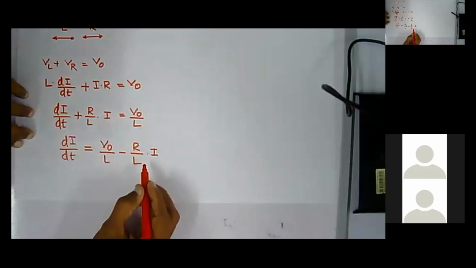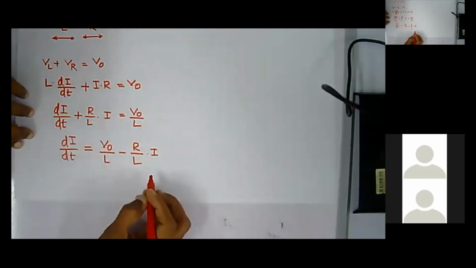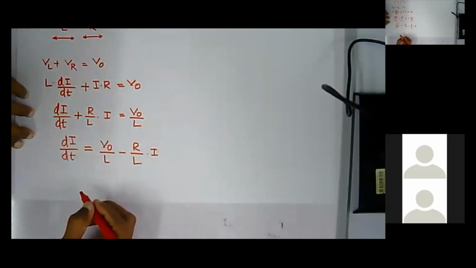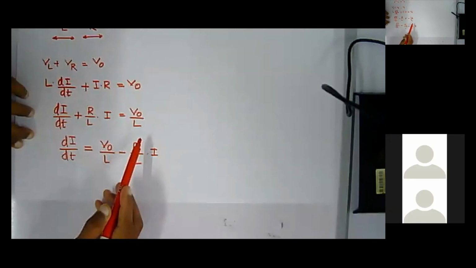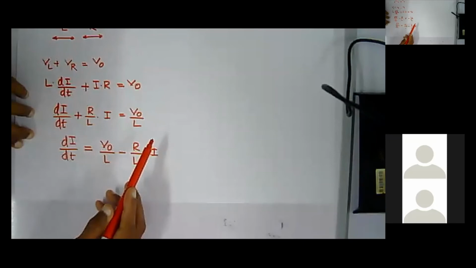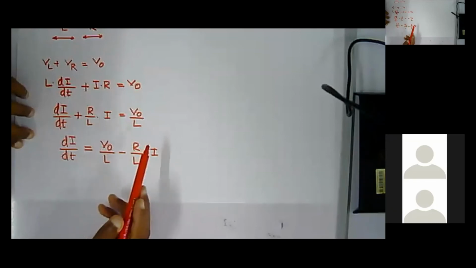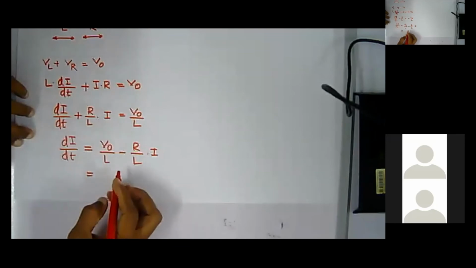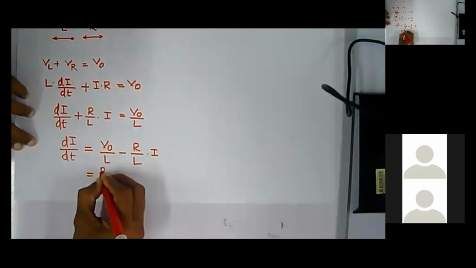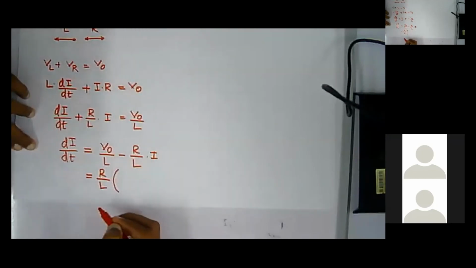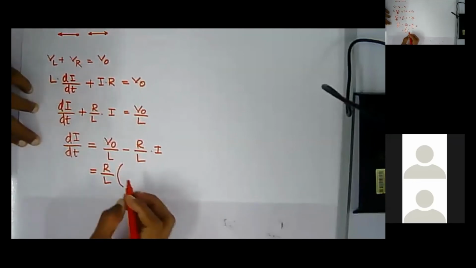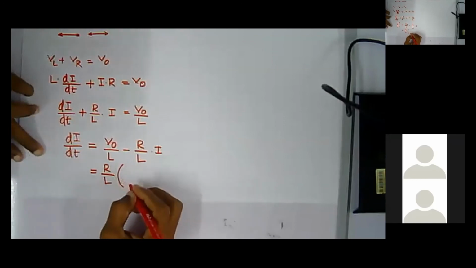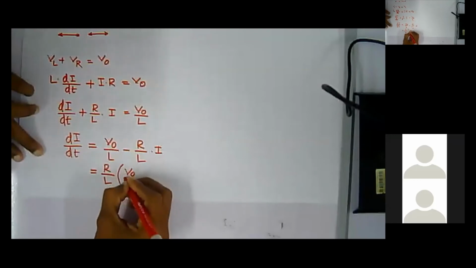Let me take R over L as common. So I can rewrite this as V naught over R minus I, with R over L outside.